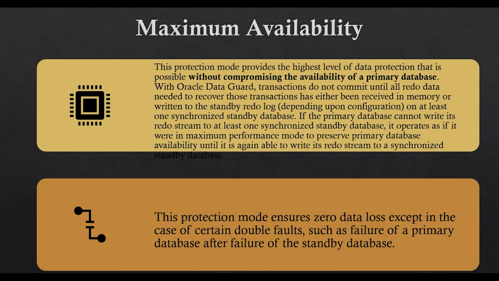But in the worst scenario, if it cannot, then you can treat this maximum availability system as maximum performance mode. Its primary focus will be maximum availability, and if it is not able to do that, it can move ahead as maximum performance mode. This protection mode ensures zero data loss except in case of certain double faults, such as failure of the primary database after the failure of the standby database.